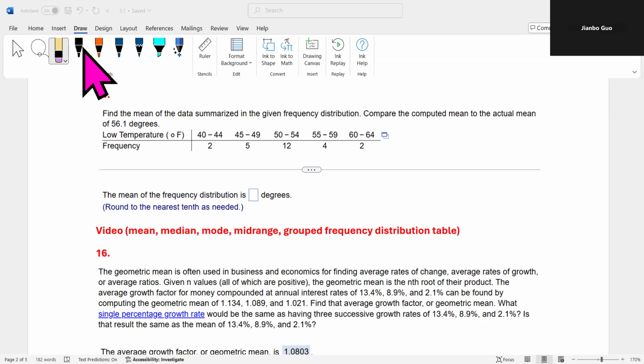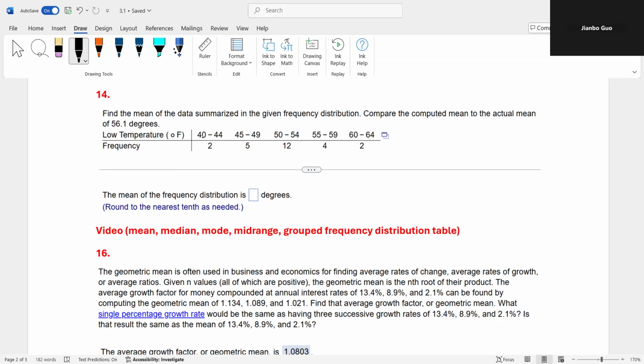We have 5 classes. The first class has a lower limit of 40 and an upper limit of 44. The second class starts with 45 and ends at 49. So in the first row we have the 5 classes, and in the second row we have the frequencies for those classes.